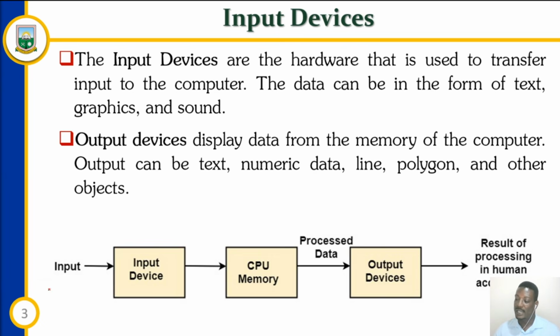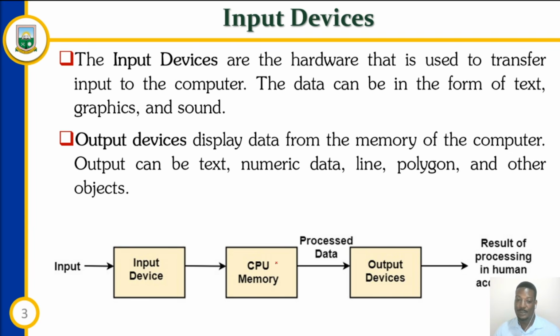Assuming we want to scan a picture, the input will be the hard copy picture, and the input device that we're going to use will be a scanner. The scanner will scan the image or picture that we already have, and that will in turn be saved in memory.